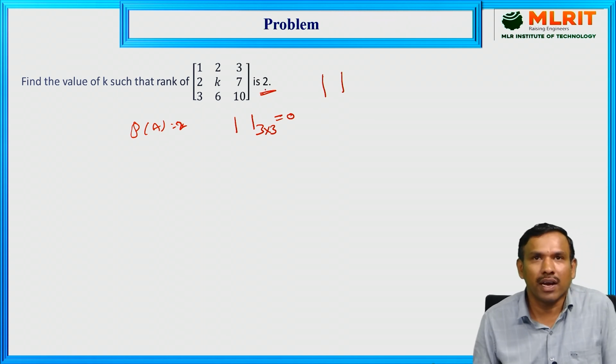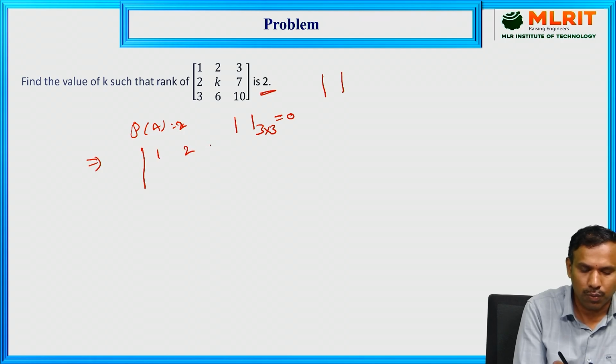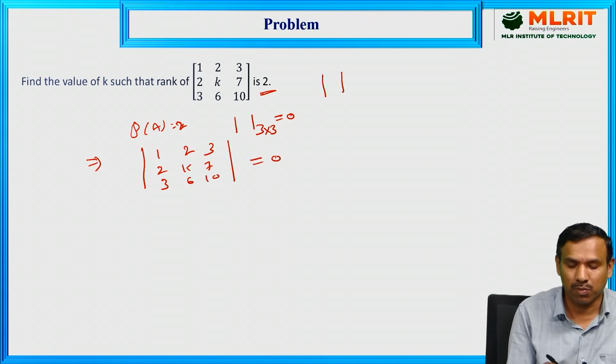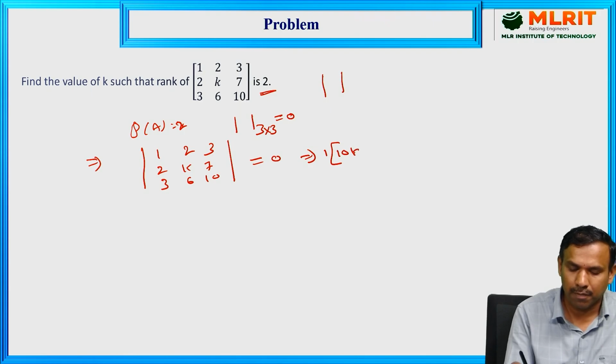So we can solve here by equating the determinant to 0: 1, 2, 3; 2, k, 7; 3, 6, 10. Since rank is 2, the 3 by 3 minor must be 0. Solving, we can easily get the k value. Everybody knows how to find the determinant, right? 1 into 10 into k, 10k, minus 7 into 6, 42.